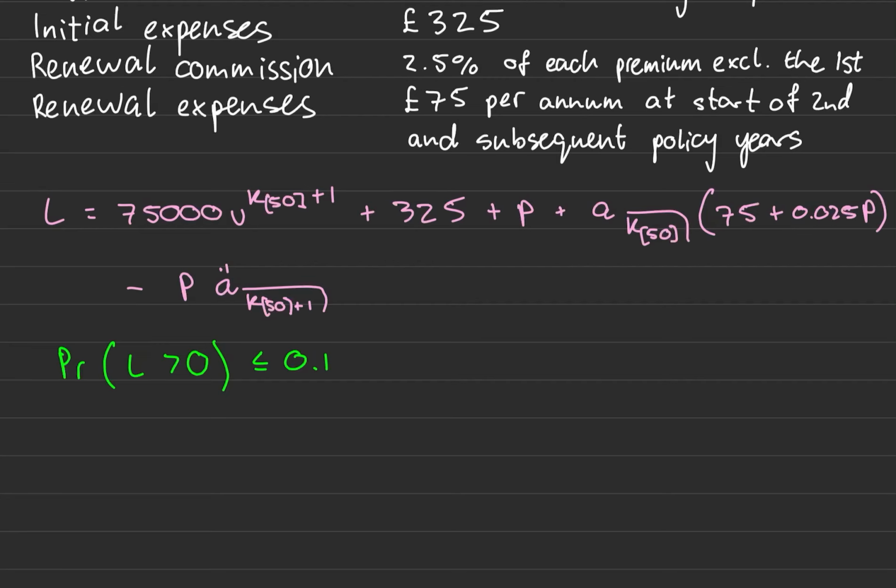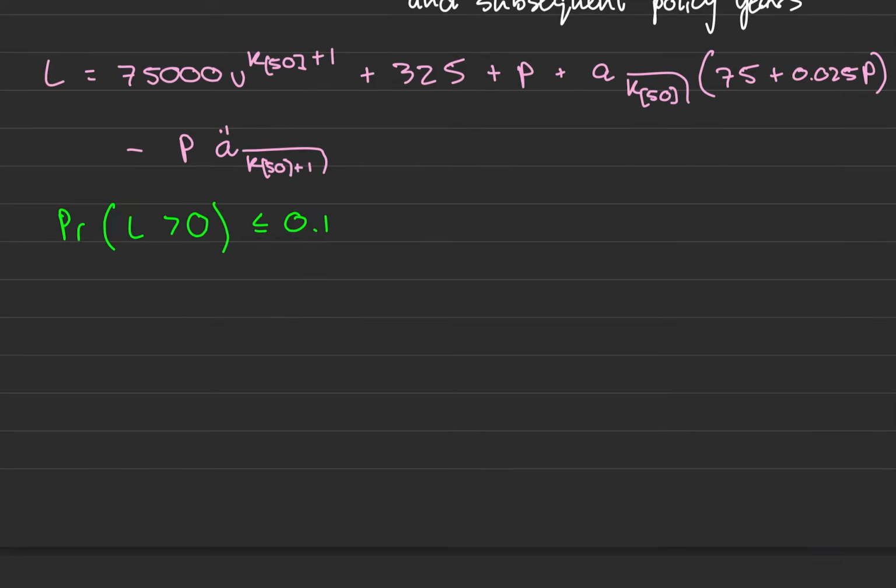So I want the gross premium that's on the borderline of this. That means that I'm taking the gross premium when this equals 0.1, when this equals 10%. So what I'm actually dealing with here is the probability that the loss is greater than 0 is equal to 0.1 in order to calculate my premium.